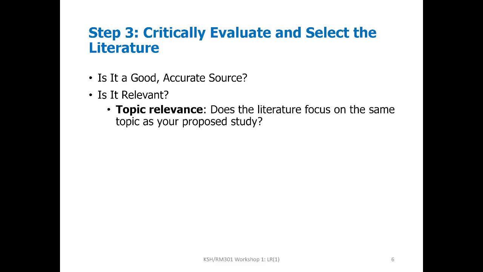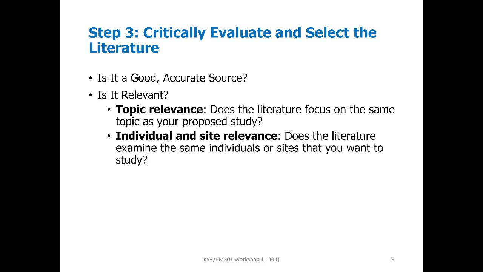Creswell suggests four kinds of relevance. The first one is topic relevance. In other words, you may ask if the article is related to our research topic. Second, individual and site relevance. Individual here refers to the research participant.